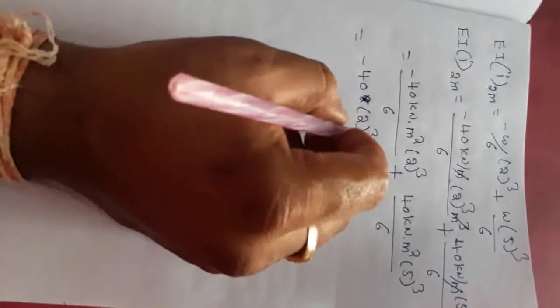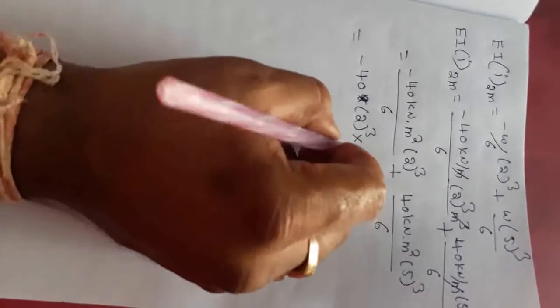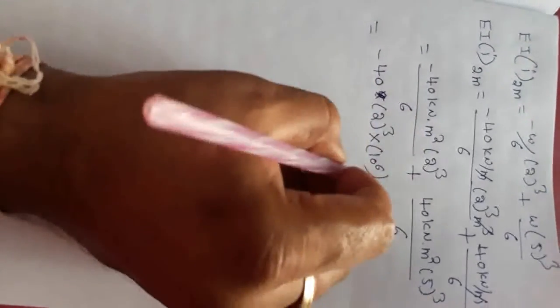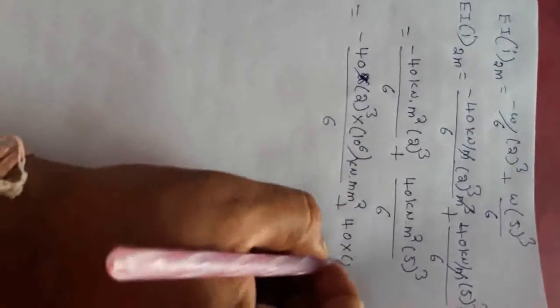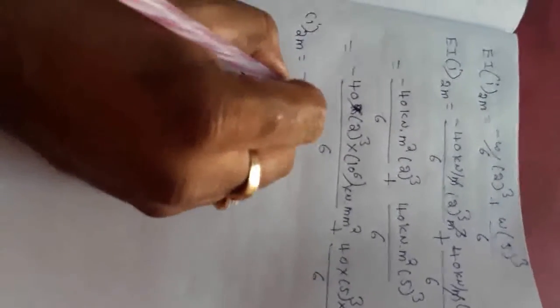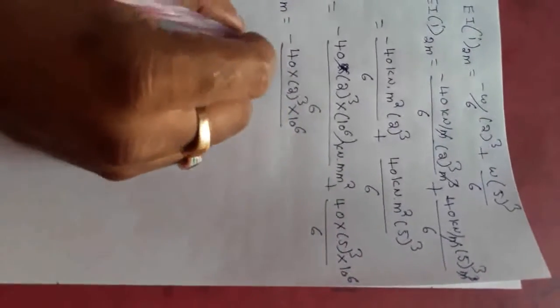For changing meter to mm, you multiply by 10 to the power of 6. After multiplying, the units change into kilonewton into mm square. So I at 2 meters is minus 40 into 2 cube into 10 to the power of 6 by 6, plus 40 into 5 cube into 10 to the power of 6 by 6, all over EI.